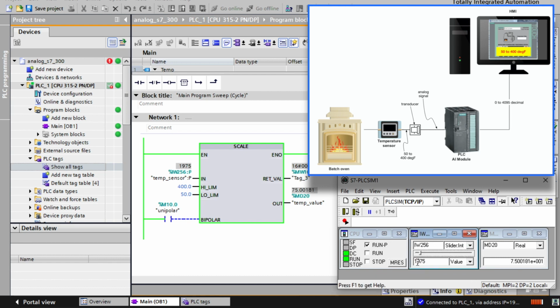Now I try to manipulate the temperature sensor using a slider. Now the value is 1975. With 1975, the temperature value is 75 degrees Fahrenheit. If we go to the maximum, which is 27,648, it will read as 400 degrees Fahrenheit.